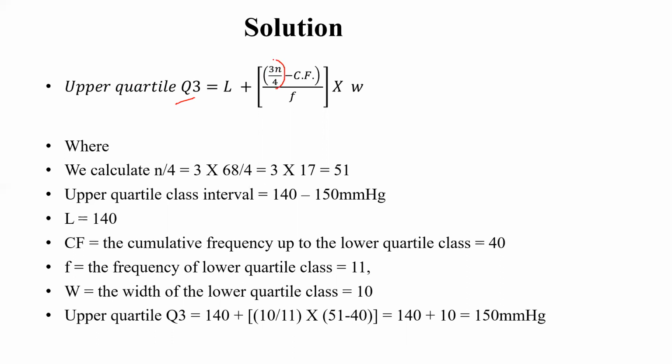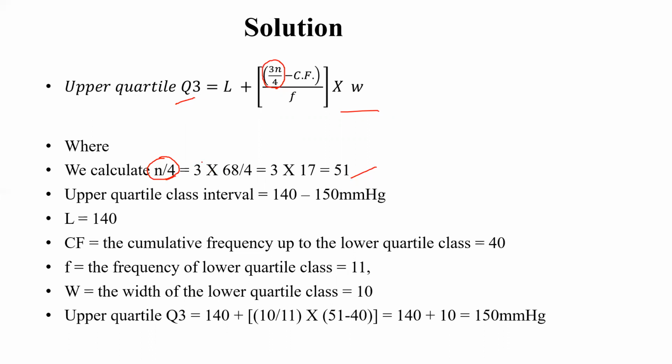So always remember, if you are talking about the first quartile, it is 1 multiplied by n divided by 4, second quartile 2n divided by 4, third quartile 3n divided by 4, and the rest of the concept is the same. For the median it would be n by 2, and for quartiles it would be n by 4.